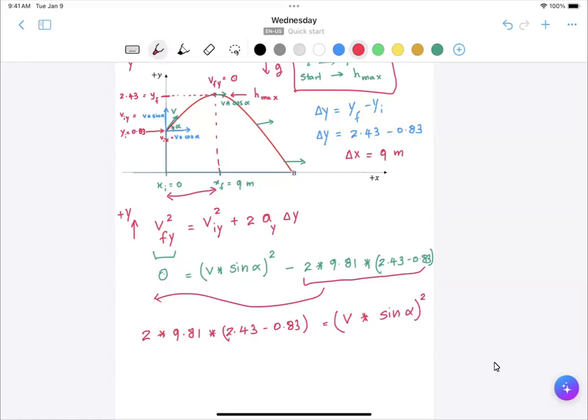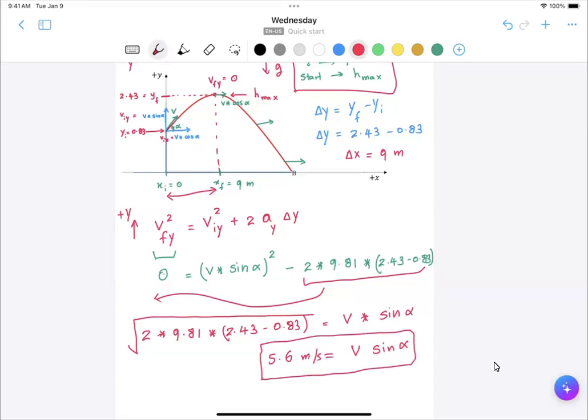You can take the square root. That way, you have an answer for v sine alpha. And this is the time you are going to use your calculator and plug in the numbers. You are going to see how much that is. You will find v sine of the alpha is equal to 5.6 meters per second. We found one connection along the y direction.